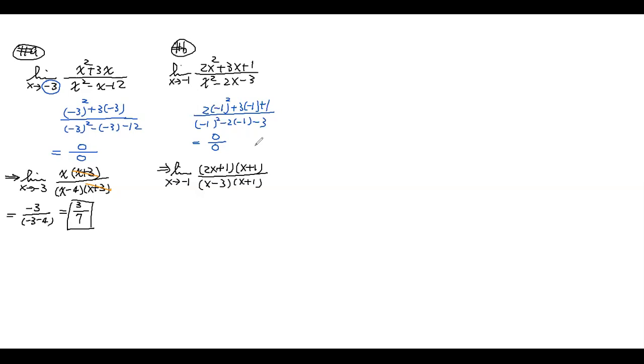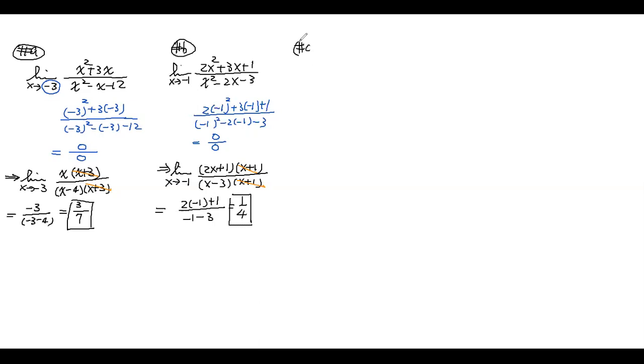So very nicely, the x plus 1 cancels, and this is your trouble term. Then what is the answer here? You place the -1, so this is -1 minus 3. So what is the answer? It is 1/4, right? Okay, so it's pretty easy. So you always check to see whether you'll be able to get the limit or not.